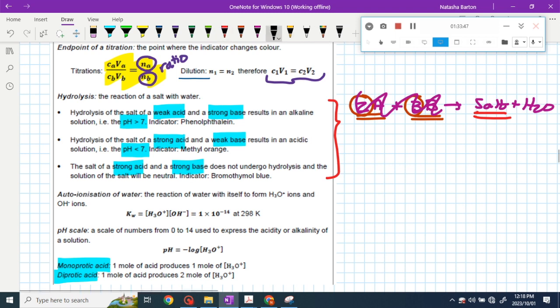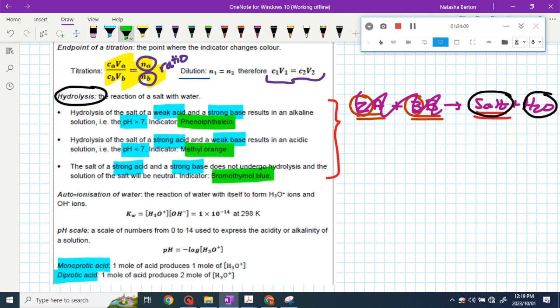So the salt will then contain a strong or weak acid, a strong or weak base that can react further with the water. That is what hydrolysis is. And that will determine the end pH and therefore the type of indicator that you should use during a titration.